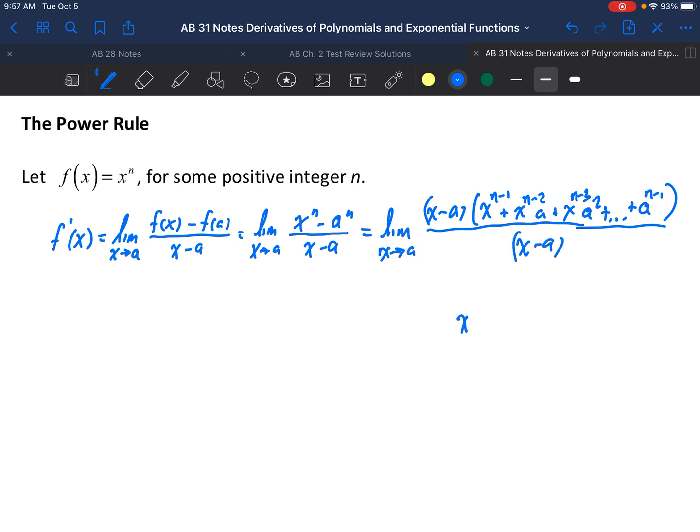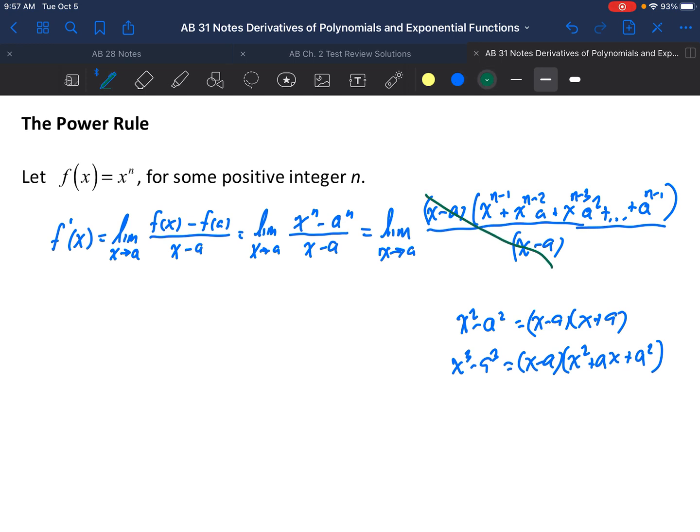You've seen it where x squared minus a squared is x minus a, x plus a. x cubed minus a cubed is x minus a, x squared plus ax plus a squared. We've seen it just like that. Ooh, there's that common factor.